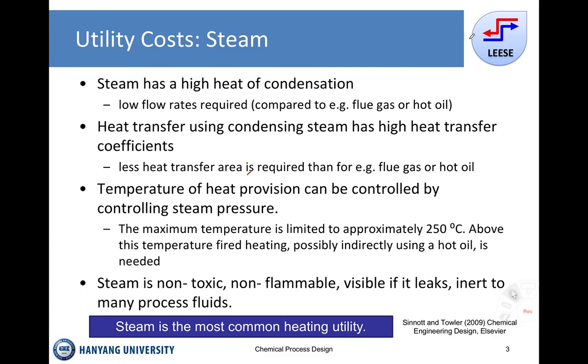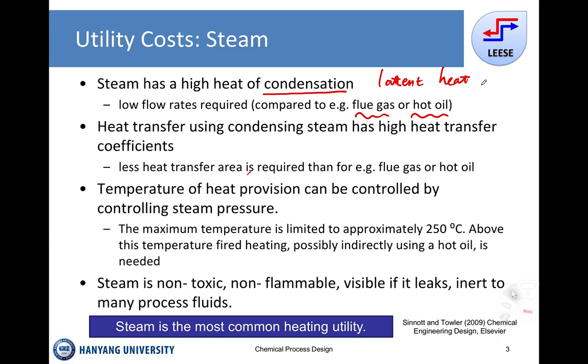So steam is used in a heat exchanger, and then the heat is transferred to the process stream. And we are typically using the heat from the condensation part. So latent heat is large compared to the other ones, like flue gas or hot oil or other heating medium.